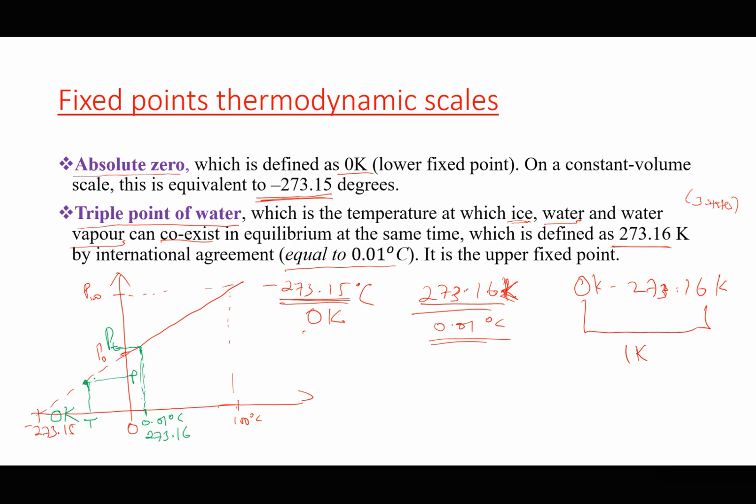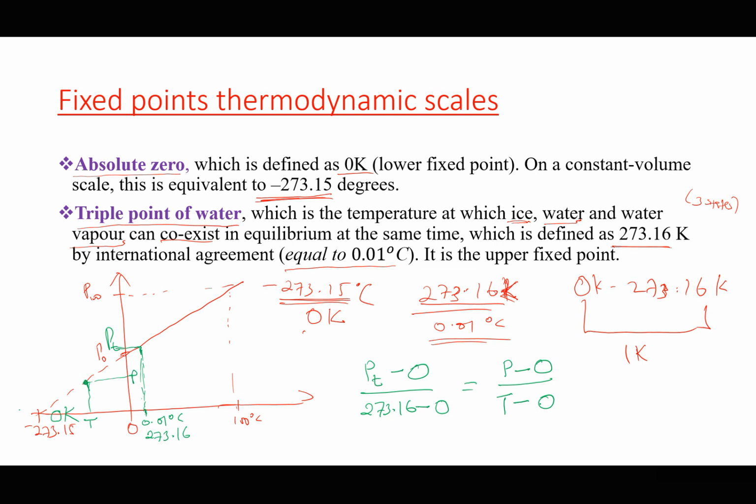So at this point, the pressure is P. So I'll say P at the triple point minus 0, the pressure here is 0, divided by the triple point of water, 273.16, minus the temperature here, 0 Kelvin, should be equal to the unknown pressure P minus 0, divided by the temperature T on the Kelvin scale minus the absolute 0, which is 0.